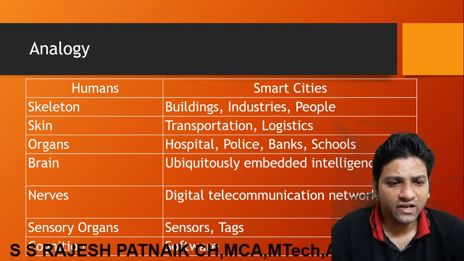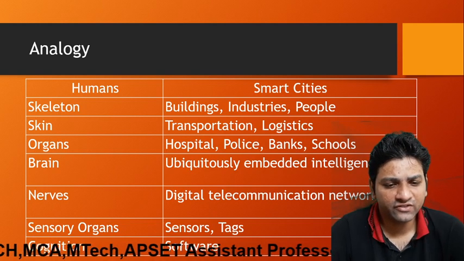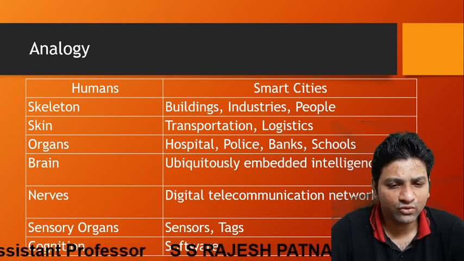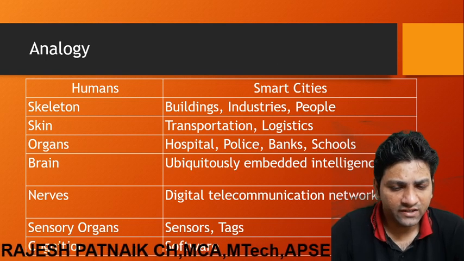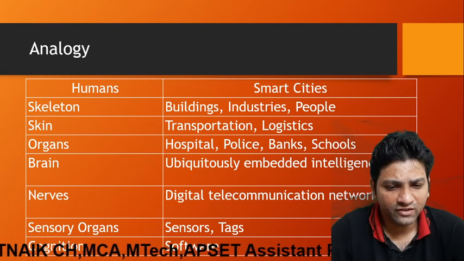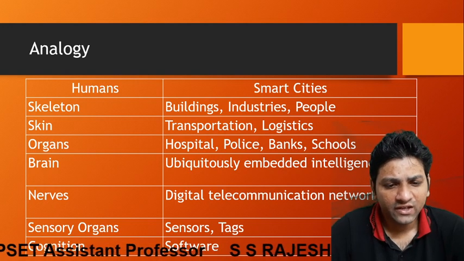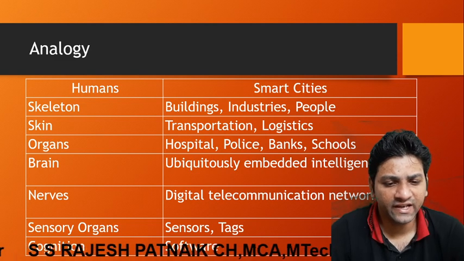And in the concept of human sensory organs like the nose, mouth, eyes and ears, smart cities consist of sensors, RFID tags and similar tags.